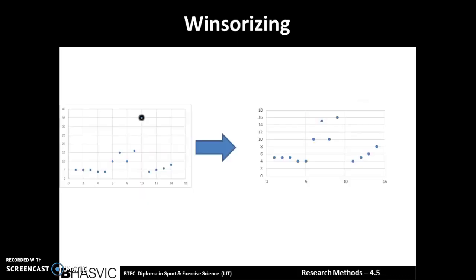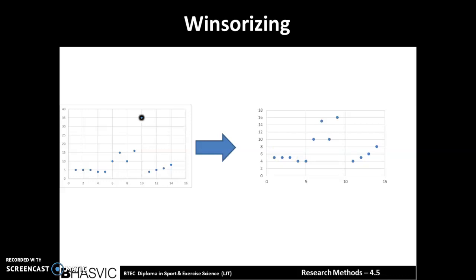So Winsorizing is a method used to help deal with outliers and outstanding statistics which could possibly ruin data and influence the mean and other scores. So this is where the researcher changes the outlier for the highest score or the lowest score, depending whether it was an outlier because it was really low or really high.